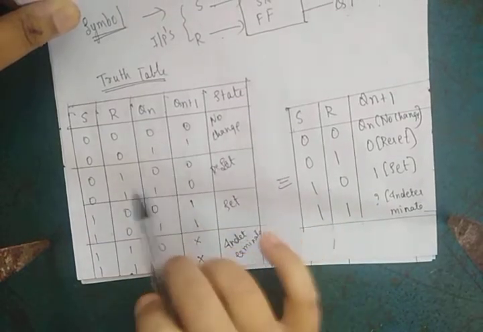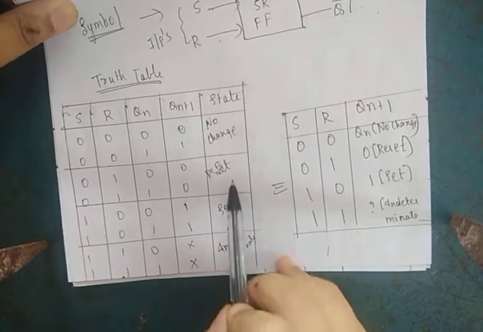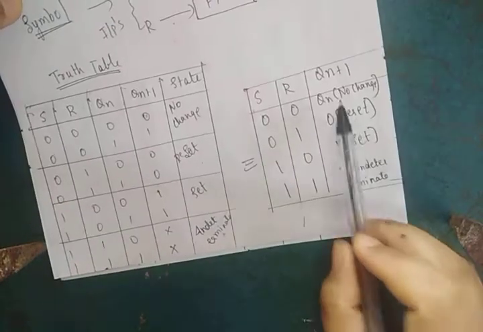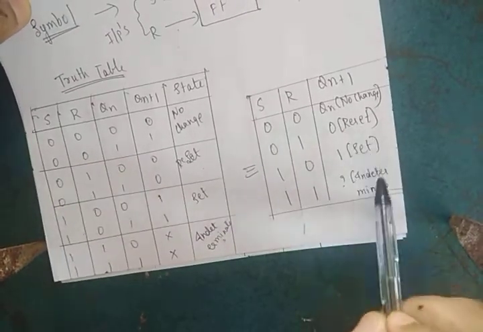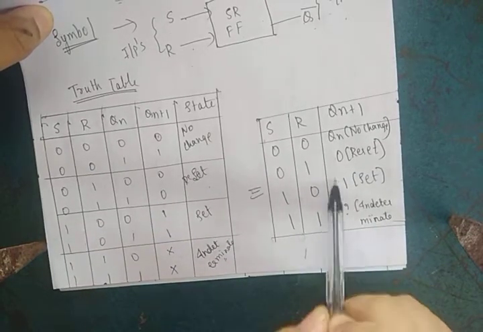Next, the truth table is the same, and again and again I won't repeat this. This is the same concept which is applied for all the flip-flops. This is no change, set, reset, indeterminate. You can use this or you can use this; better to use both.